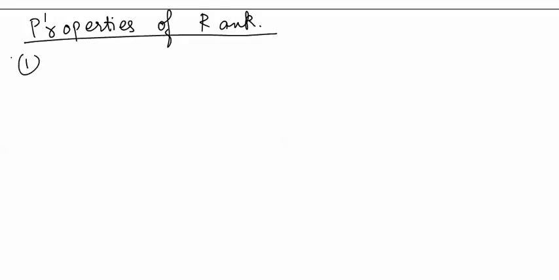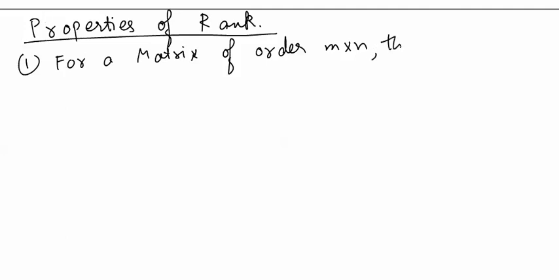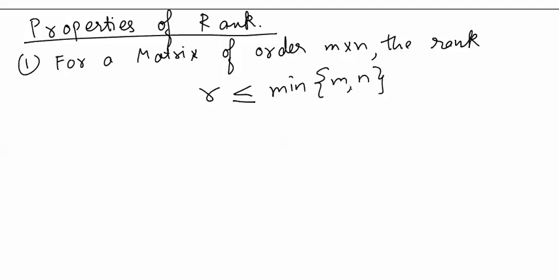The first property of rank says that for a matrix of order m cross n, the rank r is less than or equal to the minimum of m comma n.